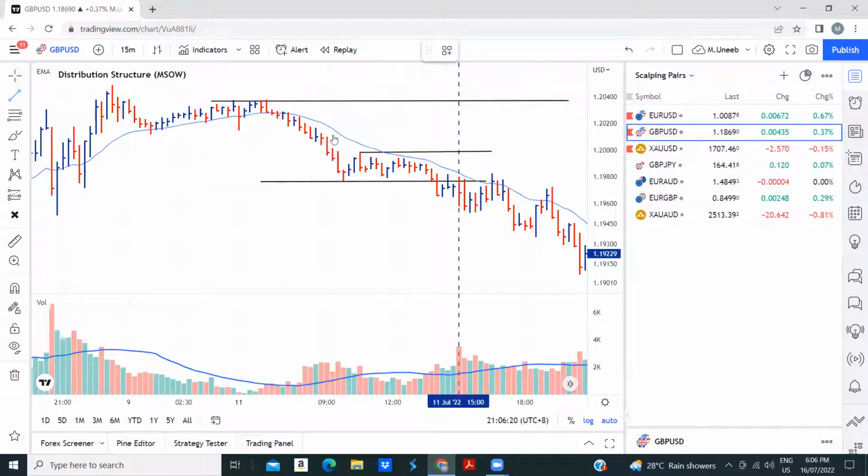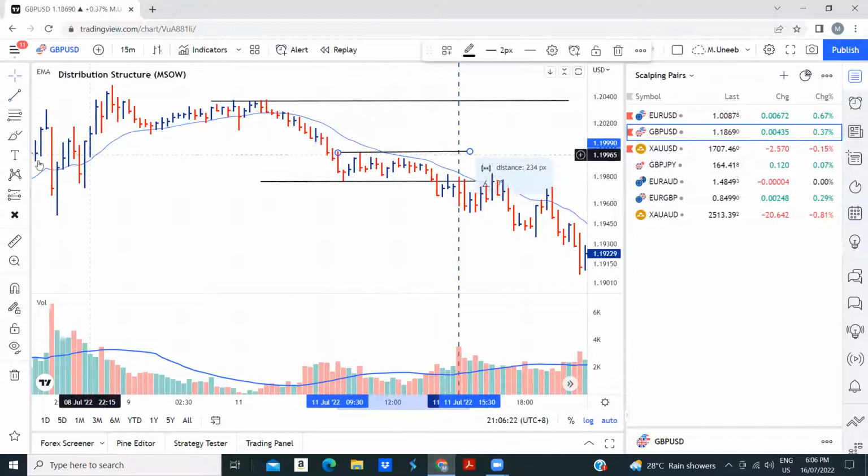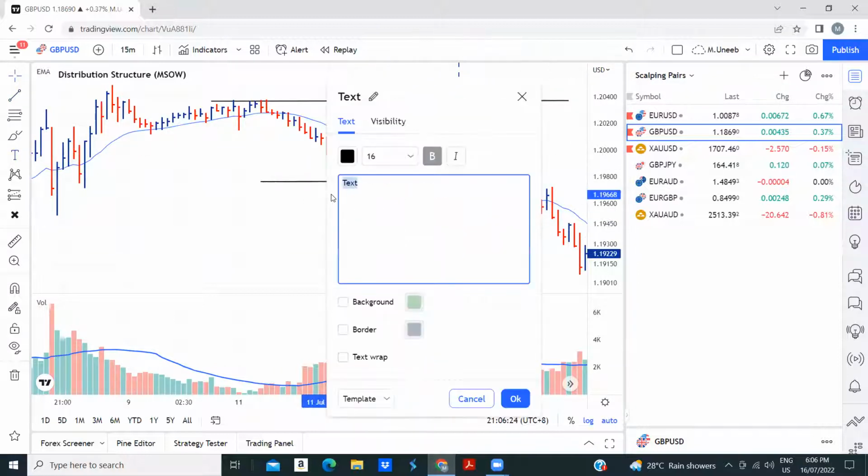We named this structure specific things. Redistribution. Yes, it's a build down near resistance. No, sorry, near support, right? Near support of the overnight low, right? So this is obviously what? Redistribution, right?